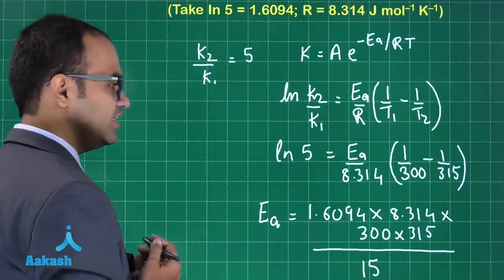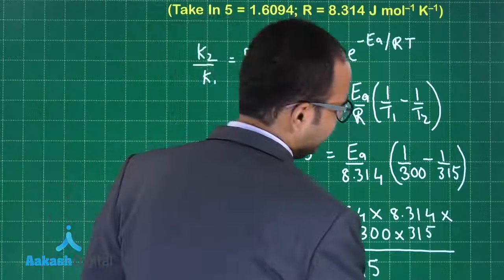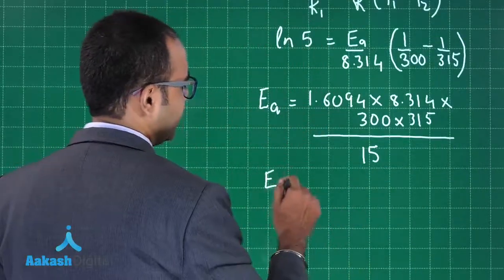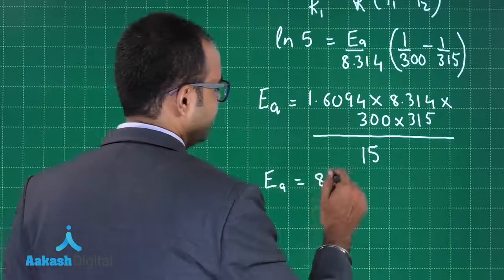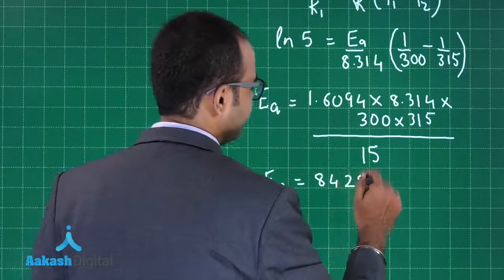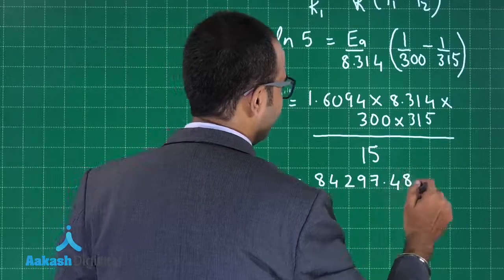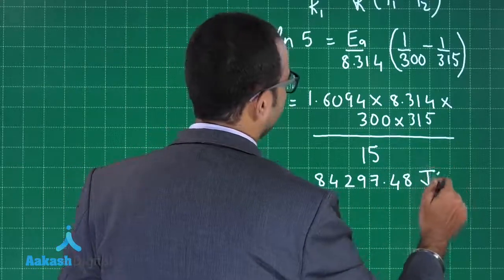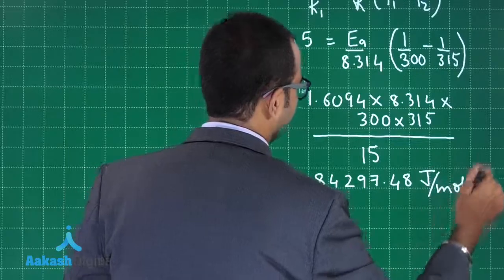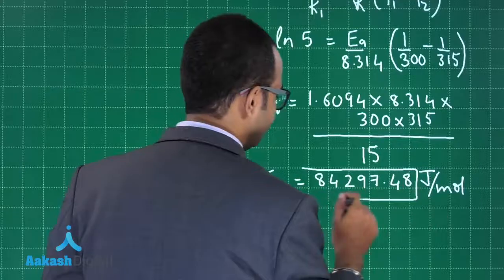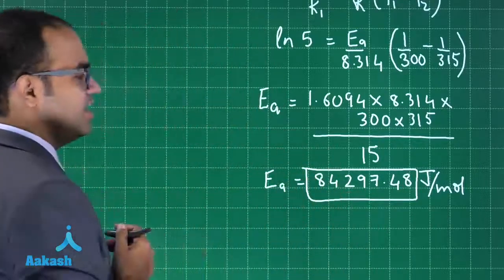So when you solve this, we'll get the value of Ea as 84297.48 joules per mole, guys. So that is your final answer, guys.